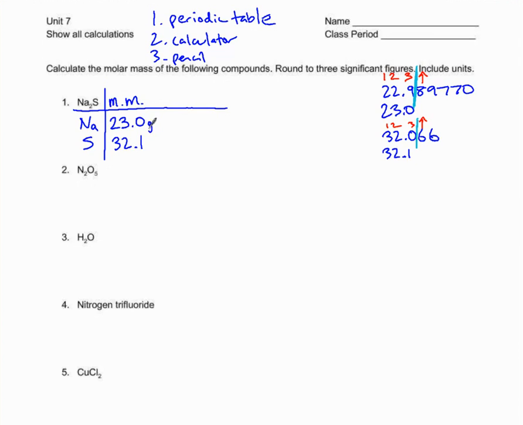And these have units. That's grams per mole. It doesn't really have to be in the table. You just want to make sure that at the end we include the units.